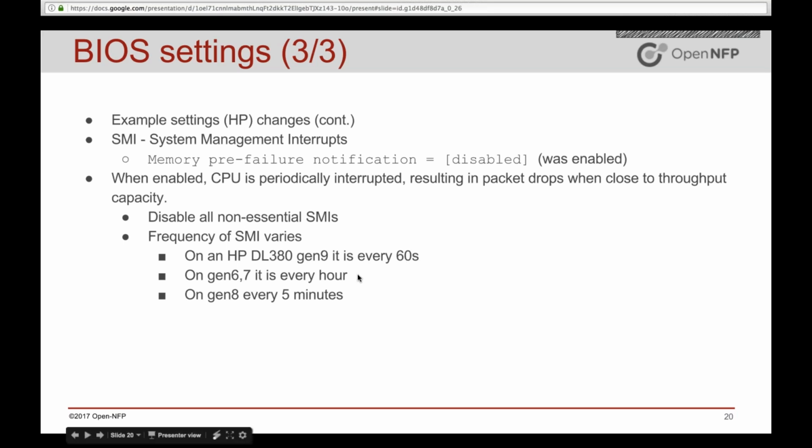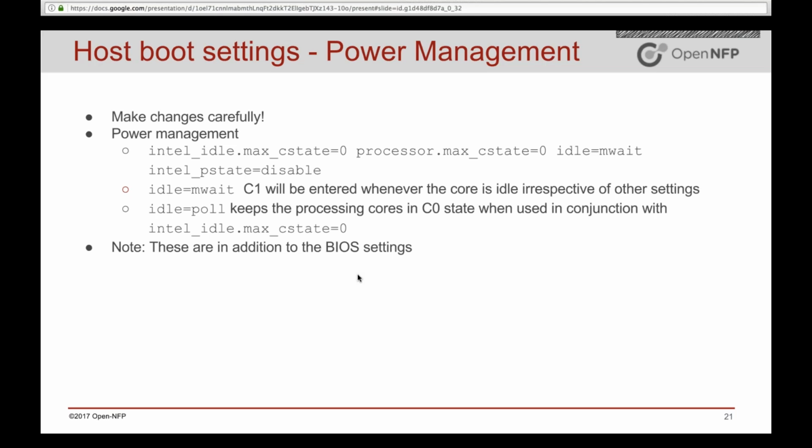On the older systems where it's every hour, it's going to generate mysterious blips, but be much less readily correlated with a particular test that you might be running. So it's important to turn off all of these things that are available to you.